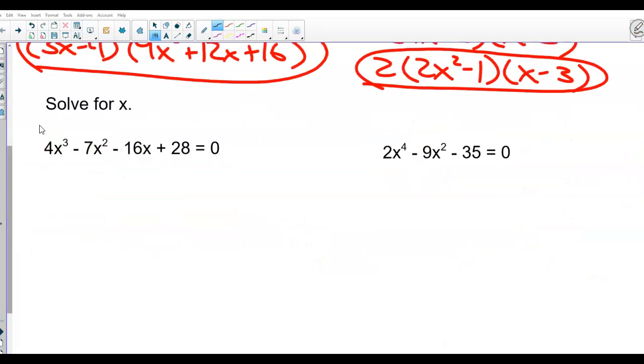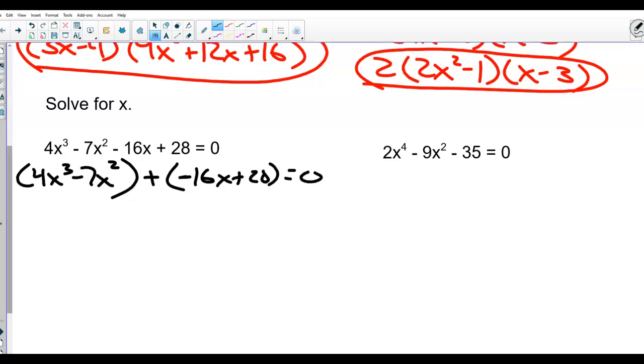We're just factoring. So I'm going to take 4x cubed minus 7x squared plus negative 16x plus 28 equals 0. We take a GCF out. It's x squared, and we're left with 4x minus 7. We take a GCF out.